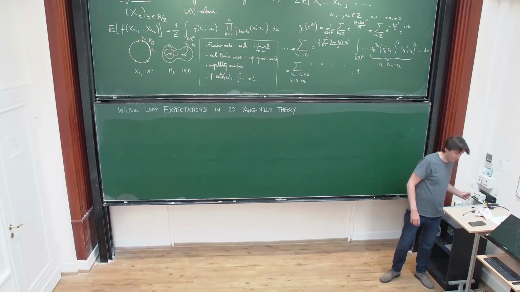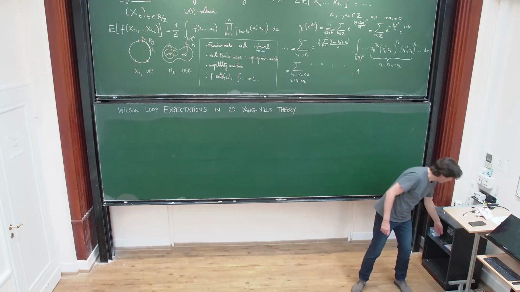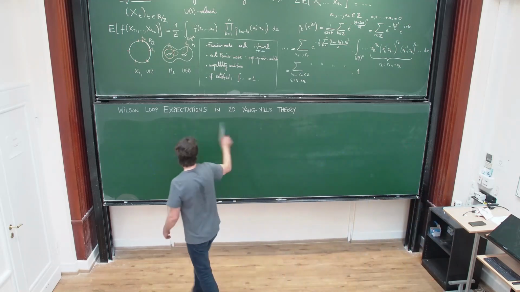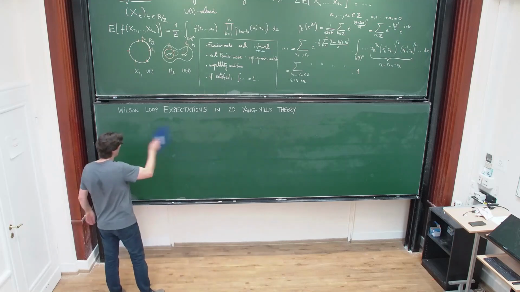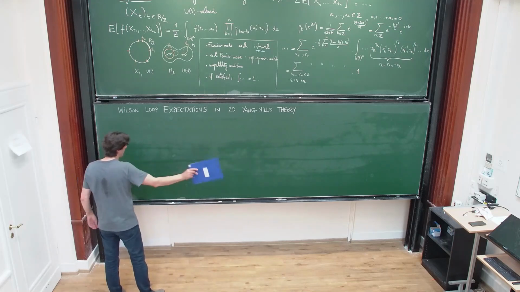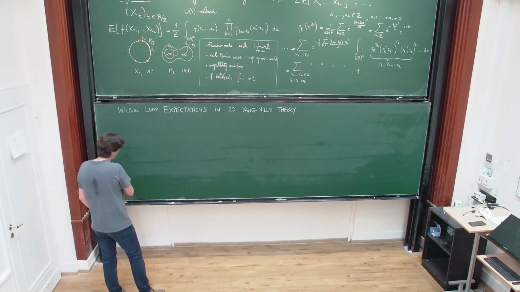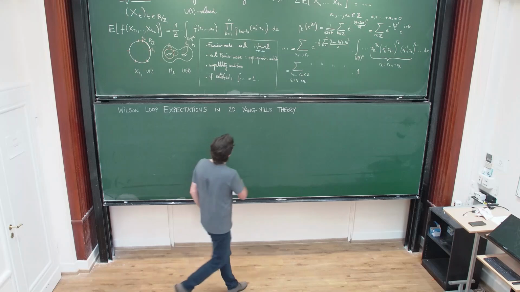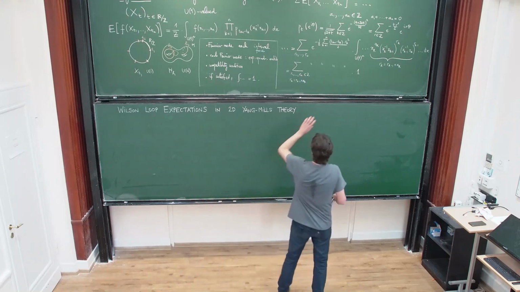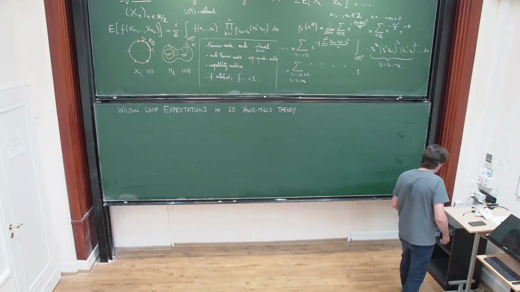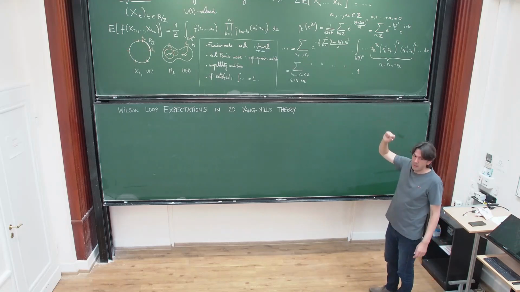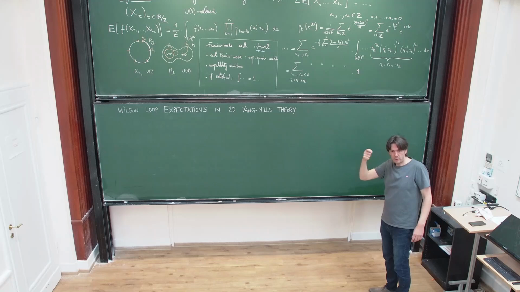Okay. So I want to write a dictionary. It wasn't maybe very obvious in the computation that we just did, but we used, in fact, quite a lot of facts about the harmonic analysis on the circle.